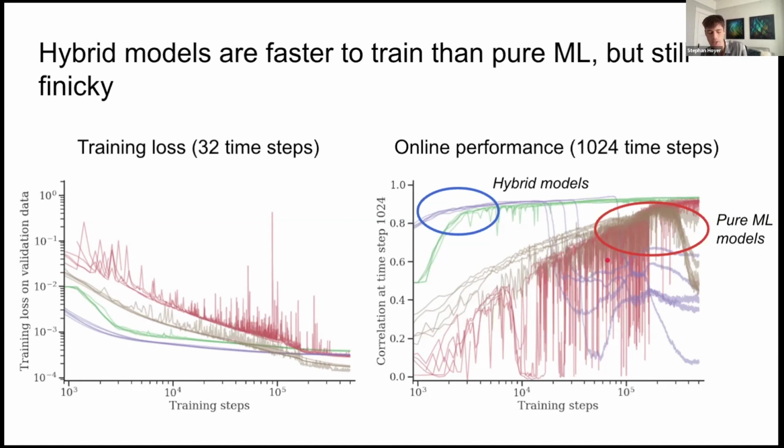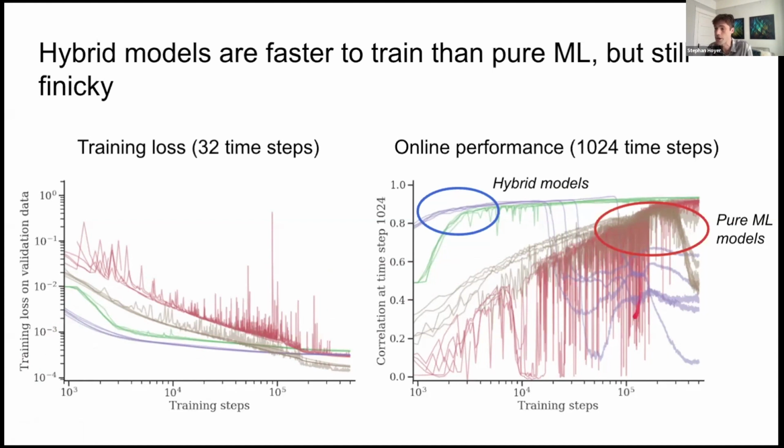Well, we expect that we should be able to see more generalization with hybrid methods. We find generally they are much faster to train. If you look at these loss curves, our hybrid methods hit the same loss values something like 30 times faster than these pure machine learning models.